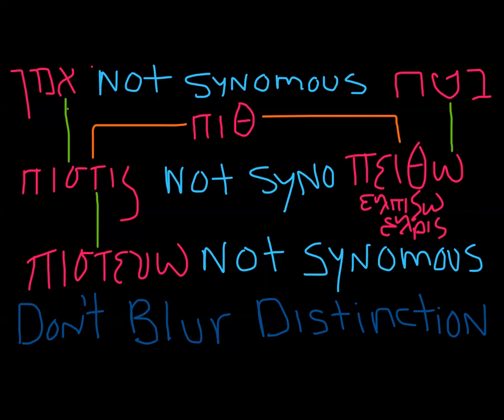So what that basically means is that pistuo and patho are not synonymous. So you basically have a distribution in how the word functions. In other words, you basically can't use patho and the Hebrew word batak to read it into pistuo, the word for belief. Okay.